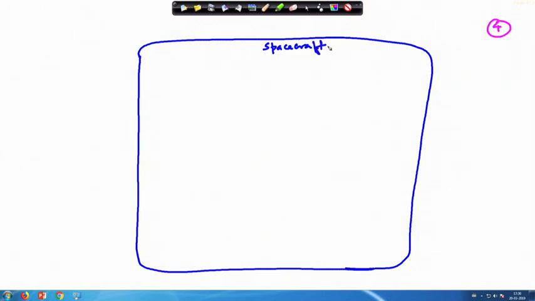Say this is the block diagram I am showing, this is the spacecraft. Thereafter, I have one block here.